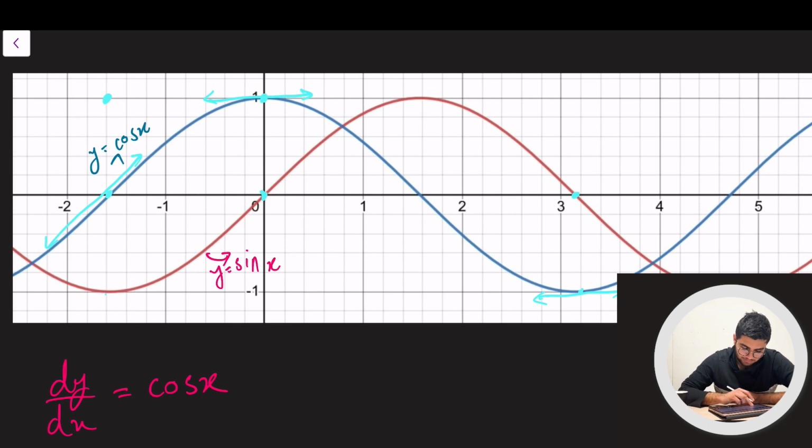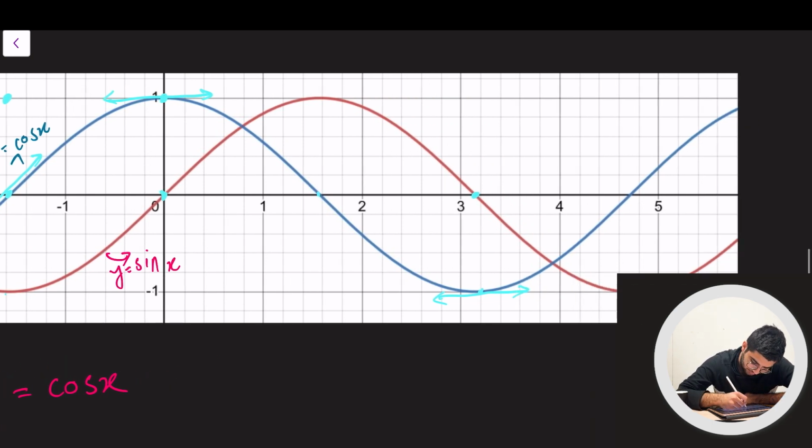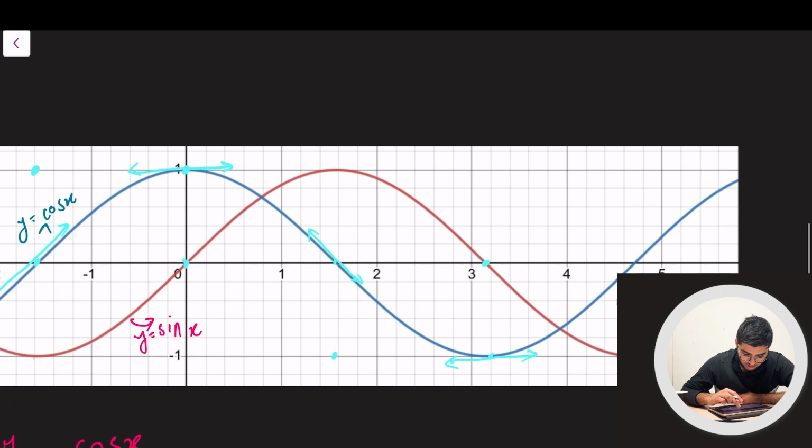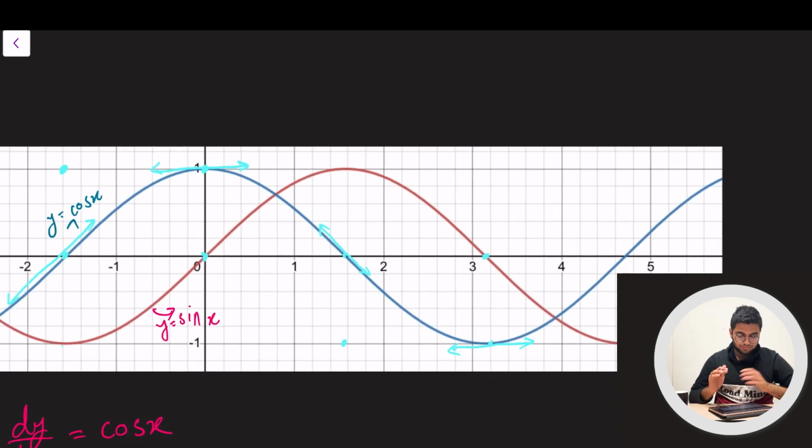And similarly, here the tangent is -1, and if we plot it, the derivative function would pass through -1 at that point. So it doesn't align with sin x entirely. In fact, it does exactly the opposite.